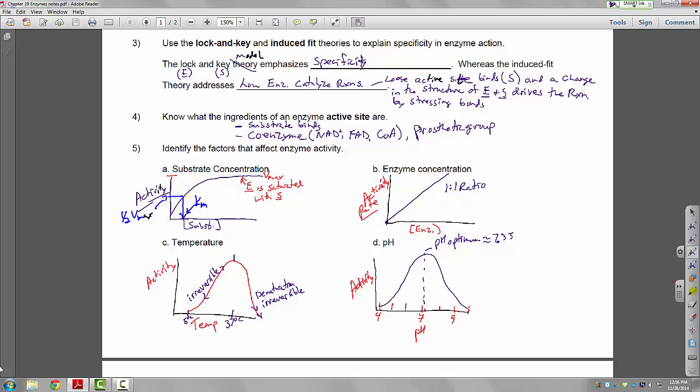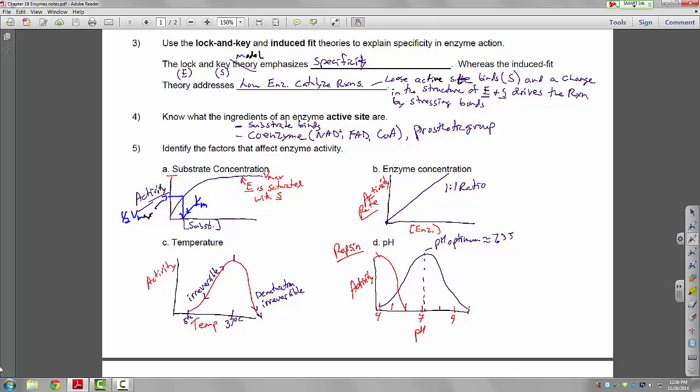But as I stressed in class, it kind of depends on where that enzyme is. If it's not a soluble enzyme in our blood, maybe it's pepsin, and the pH optimum for pepsin is probably around pH of 2, because it's a digestive enzyme in our stomach, so it has a pH optimum that is acidic.